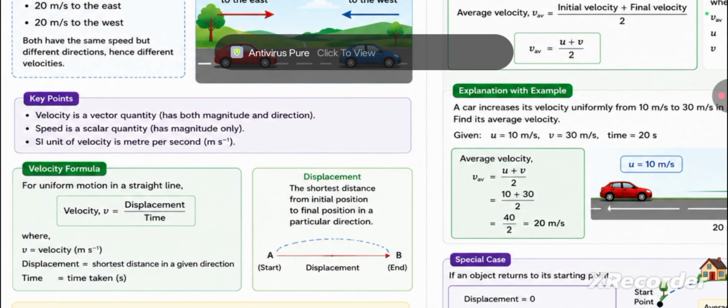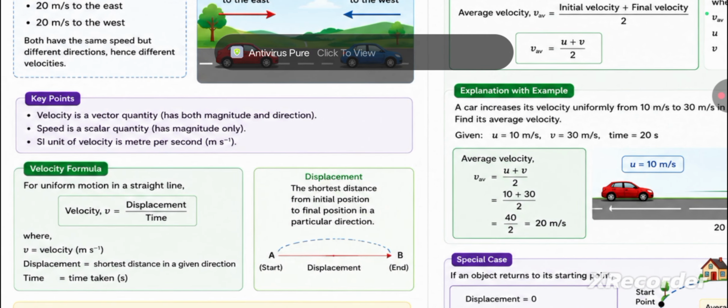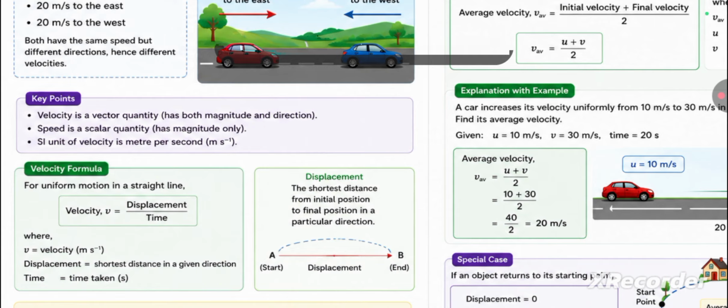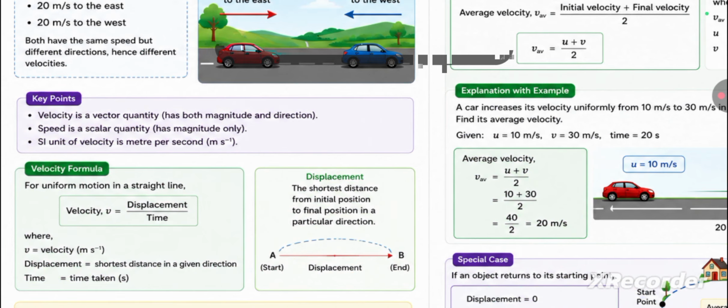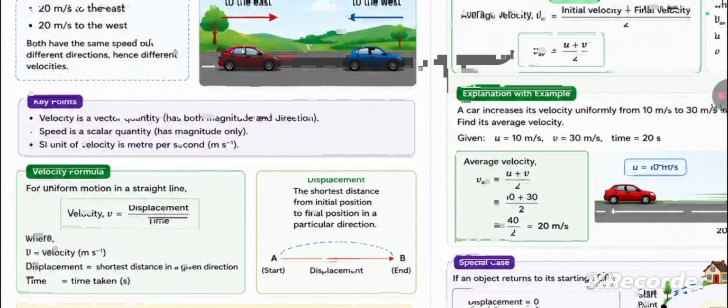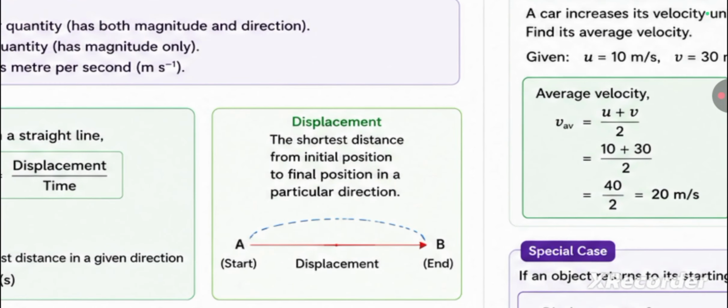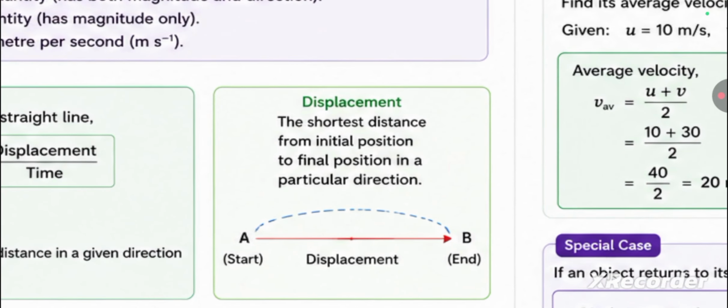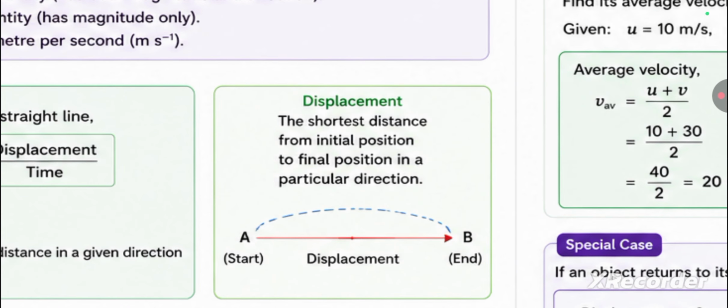Here v is velocity, its unit is meter per second, and displacement means shortest distance in a given direction, and time taken. Here we have to understand displacement in this figure. The shortest distance from initial position to final position in a particular direction.